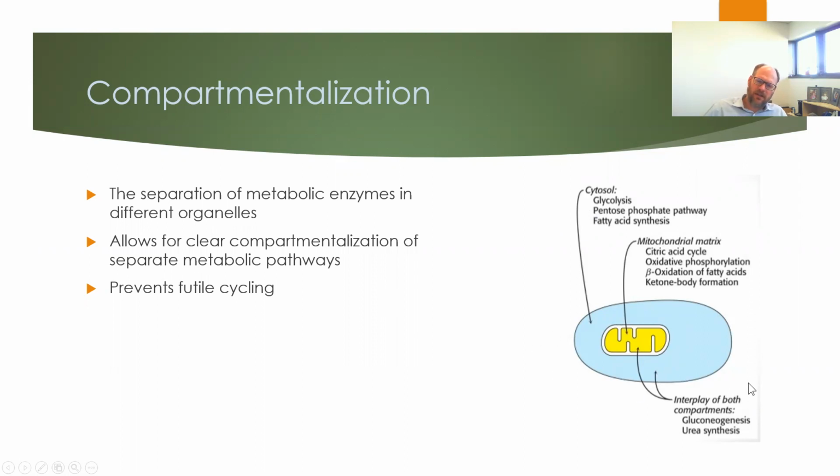One really clear example of this is that we have, by and large, put most biosynthetic pathways into the cytosol and most catabolic pathways inside the mitochondria. That's a good example. That allows us to prevent futile cycling and helps us to co-regulate the two different activities independently of one another.